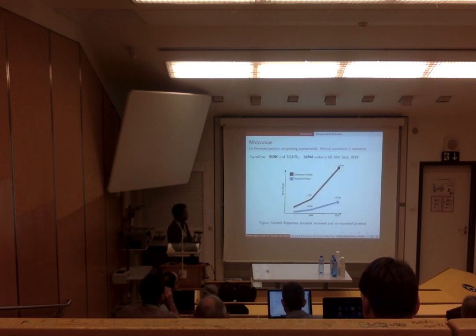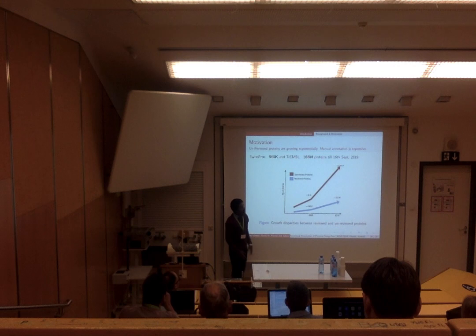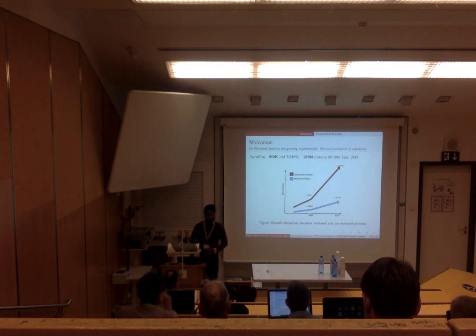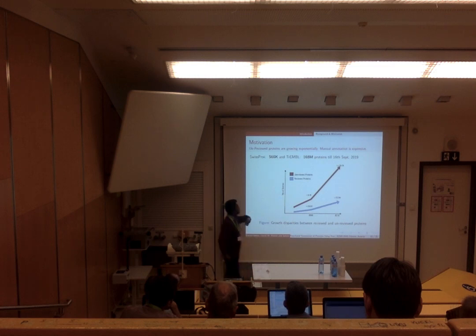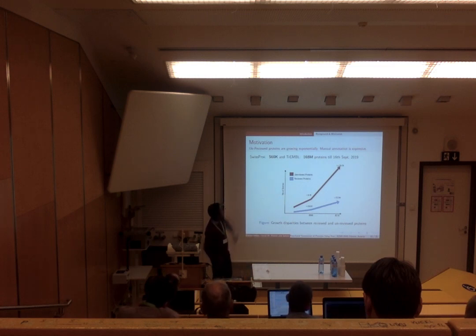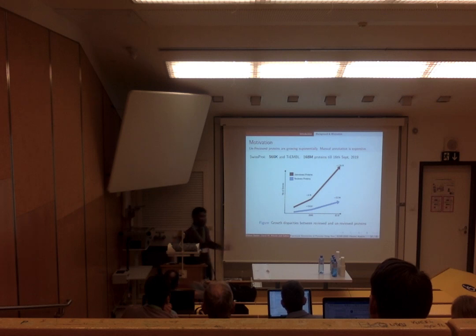Okay, so let's talk about the problem, why I'm interested in working here. These two curves basically give the idea of the race between reviewed and unreviewed proteins. Till now, I think I checked last day, it's 560K reviewed proteins. And on the contrary, you have 168 million unreviewed proteins, and each month it's growing exponentially.